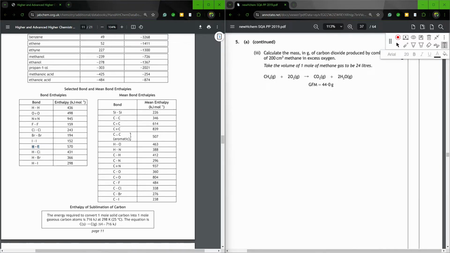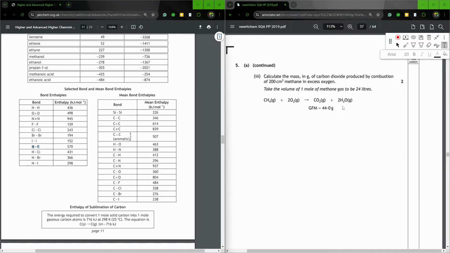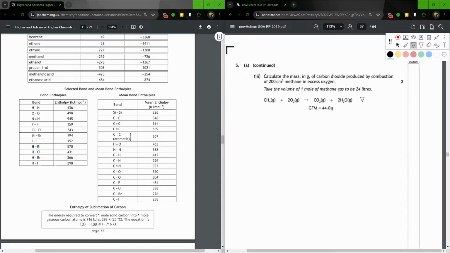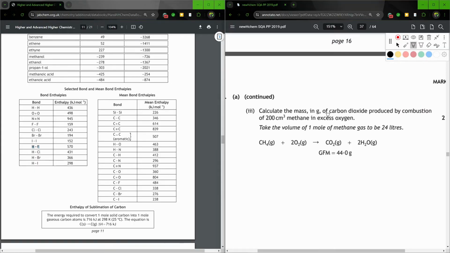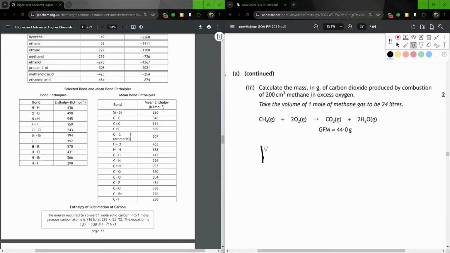Calculate the mass in grams of carbon dioxide that would be produced by combustion of 200 cubic centimeters of methane in excess oxygen. Take the value of 1 mole of methane gas to be 24 litres. So, what are we going to do here? Well, we're going to use the often underrated molar formula, which is n equals V over the molar volume.